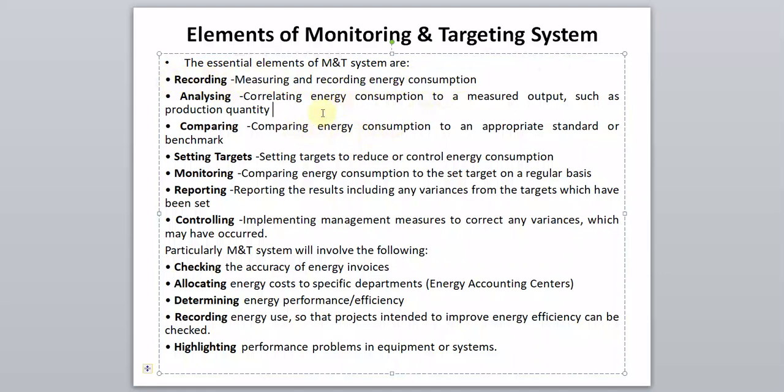Next is analyzing. This is a very crucial and important step, because whatever data has been gathered from the recording and measuring devices needs to be analyzed in an optimal way. The data needs to be cleaned first of all, and then analyzed. For example, you can use machine learning for analyzing the data, such as CSV files.